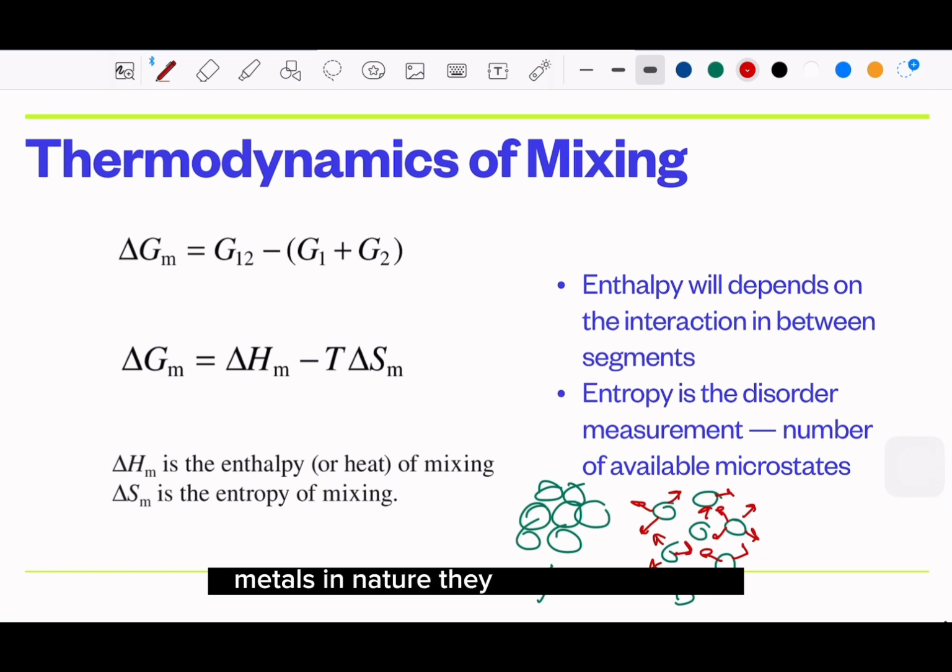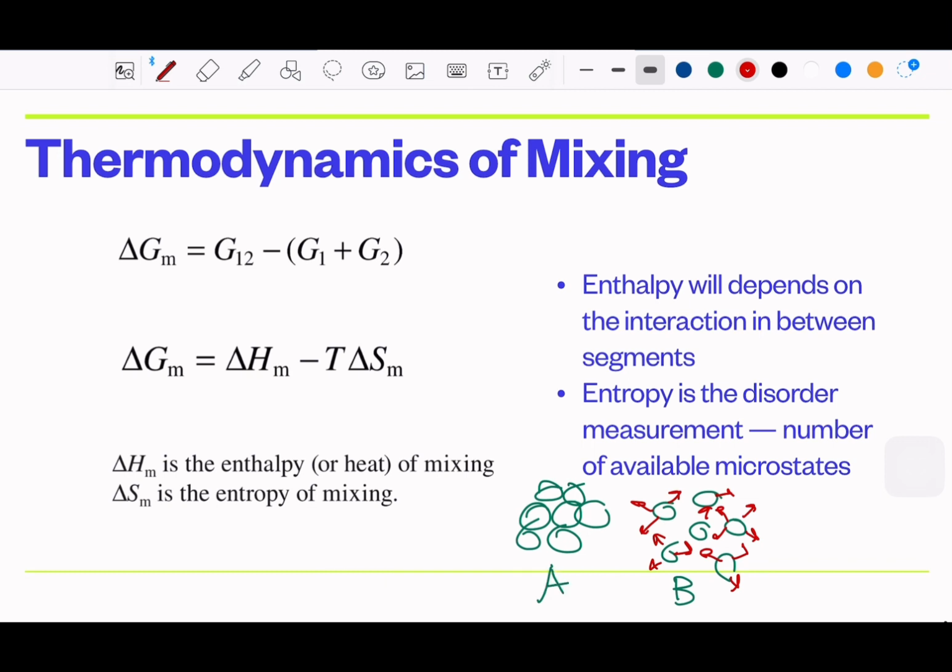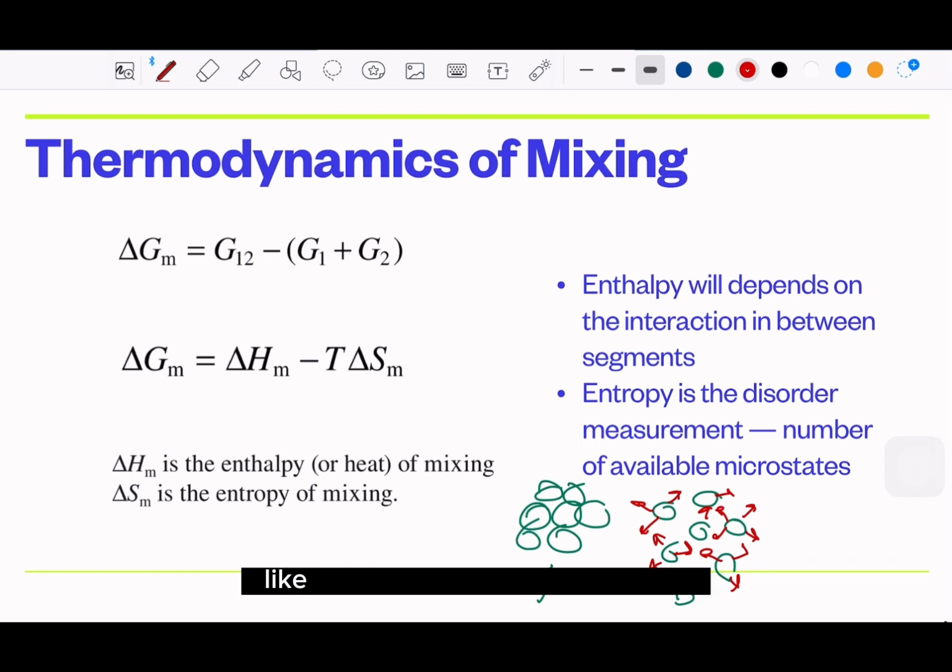Metals in nature get corroded, right? If you expose any metal without some treatment, you will get rust, a different red color, because the corroded one is much more stable. They want to make their states more stable, so they prefer to go to the corroded one. So this is also the same.